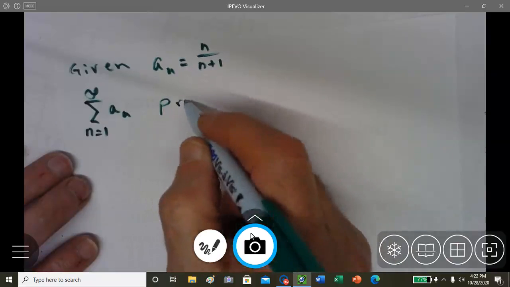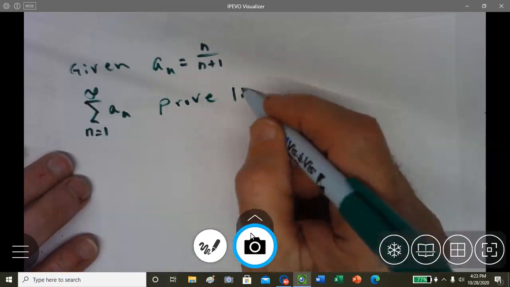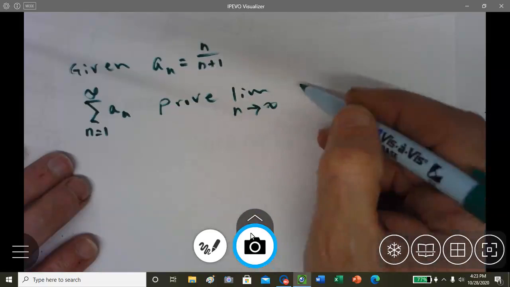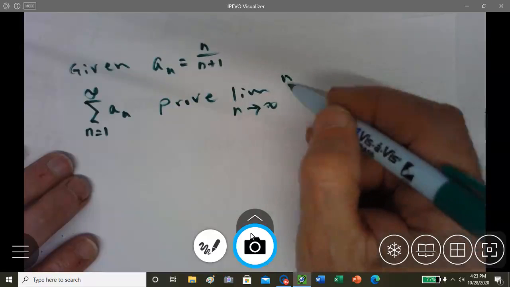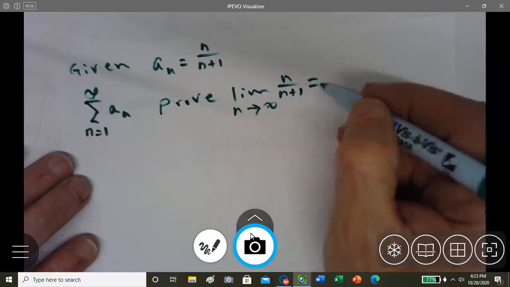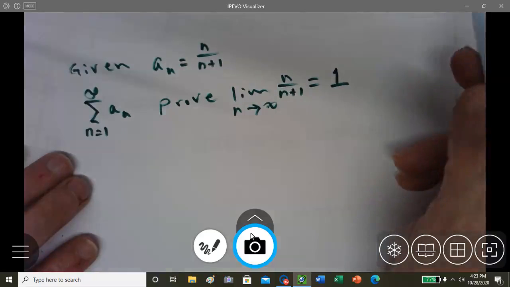So we want to prove that the limit as n approaches infinity of our a sub n, which is n over n plus 1, approaches a limit of 1.